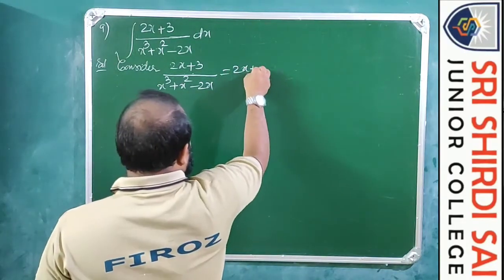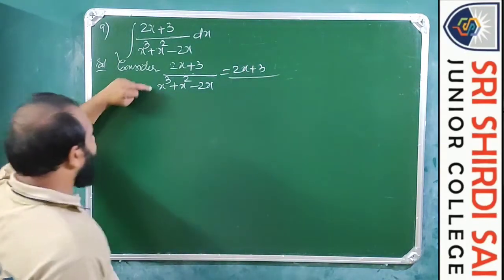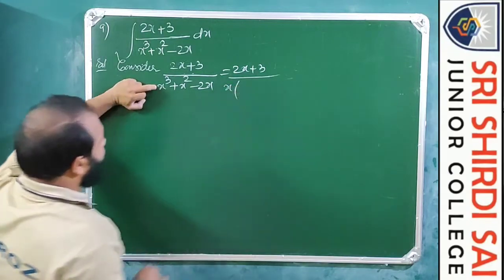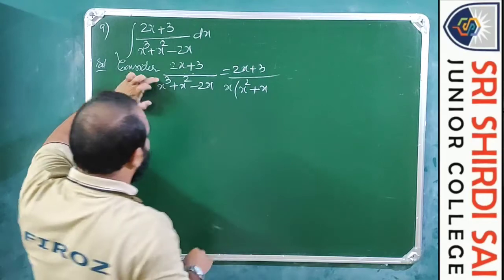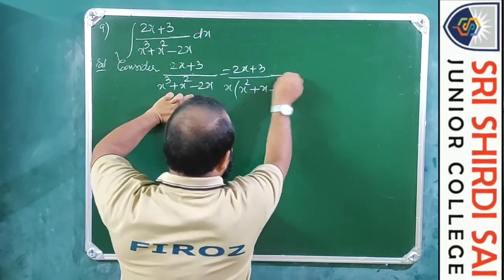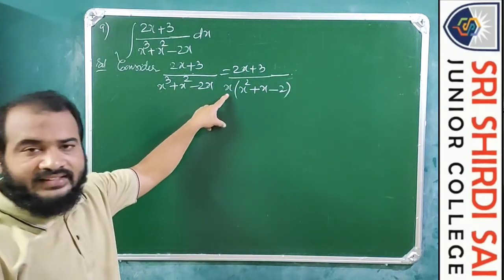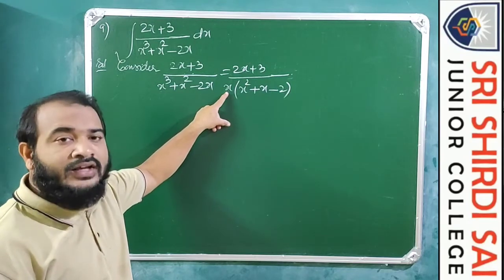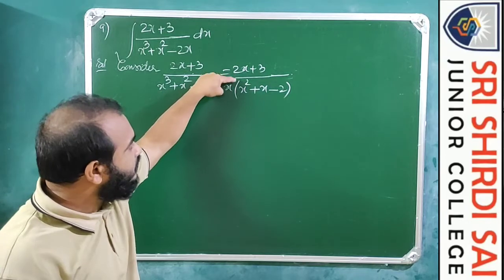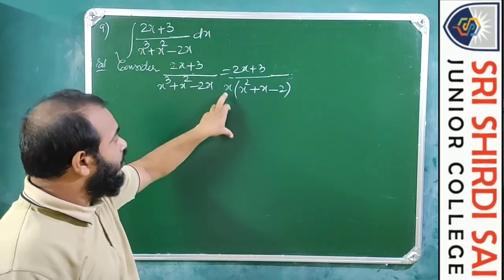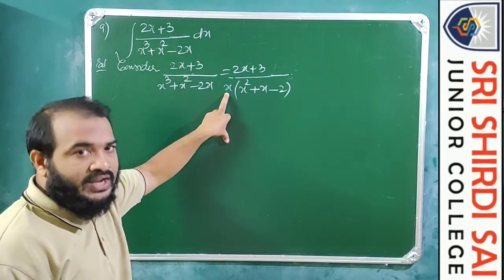So (2x plus 3) by, here I will take x as common, then x square plus x minus 2. What is x? It is a linear factor. Which linear factor? Non-repeated, because x power 1. So this is type 1.